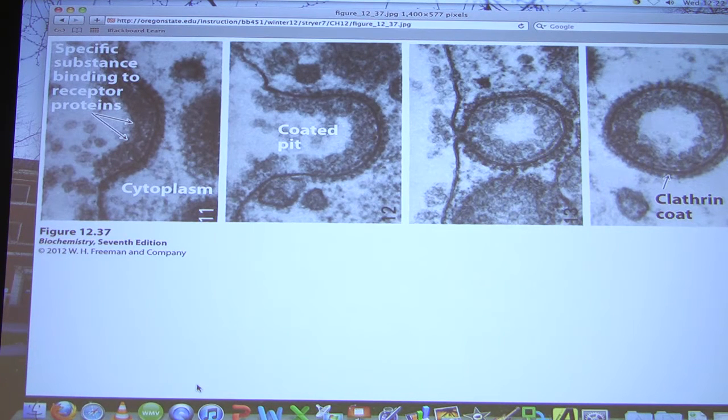Cholesterol can be moved in the body through complexes we call LDLs, low-density lipoproteins. We'll say more about those later as well. The low-density lipoproteins contain a core that contains cholesterol. Cells that are needing cholesterol will make a receptor that will bind to LDL. So they have a structure on their surface where a protein on this receptor region binds to a protein on the LDL.